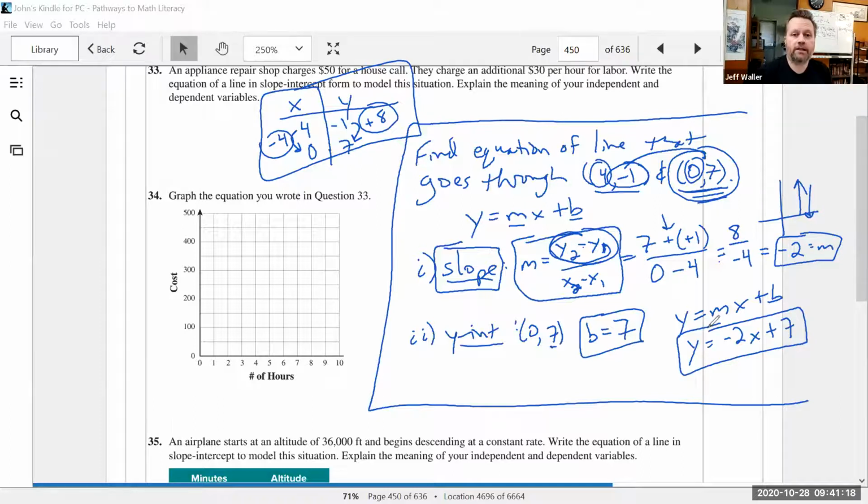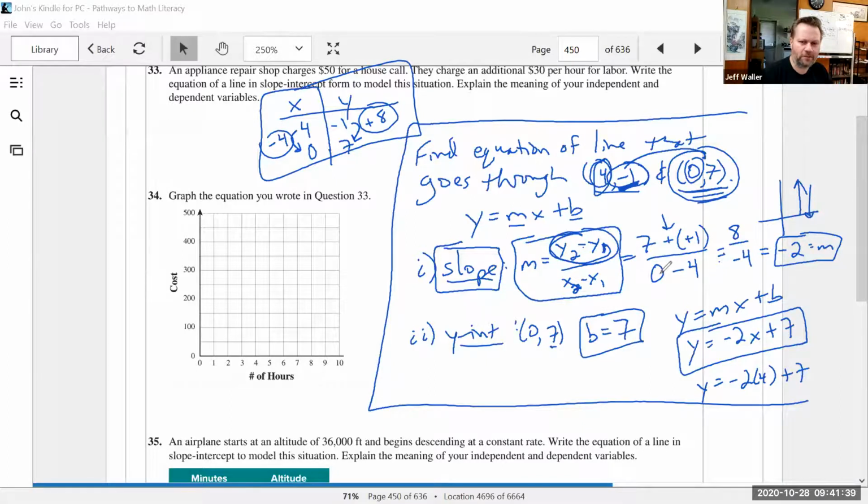How do I check that? How do I check it to make sure it's right? Well, what's supposed to happen when I throw a 4 in? What's supposed to come out? Are you guys doing all right out there? We'll do another problem like this. Don't worry.